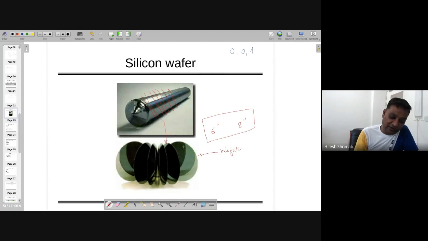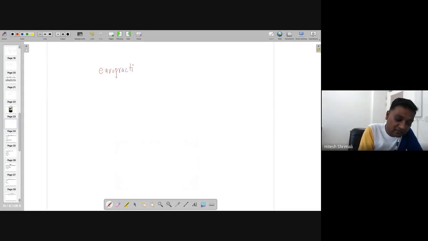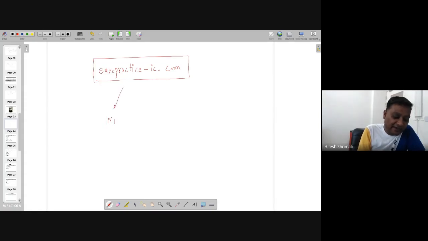This wafer is very expensive, by the way, just for your information. If you want to purchase one wafer, I'll tell you that you should visit this website, Europractice-ic.com. It's actually a consortium; there is one laboratory called IMEC.